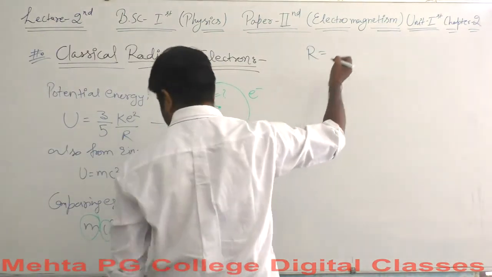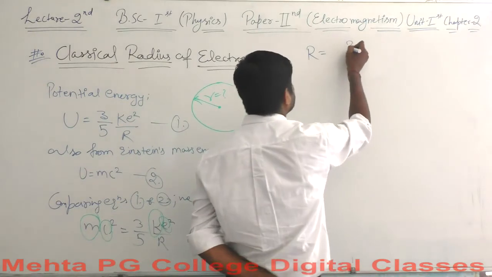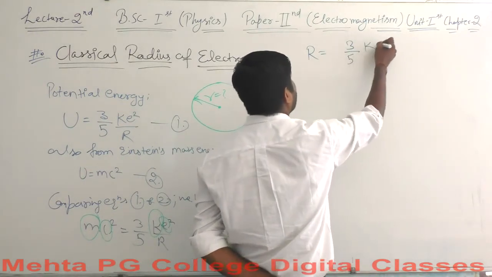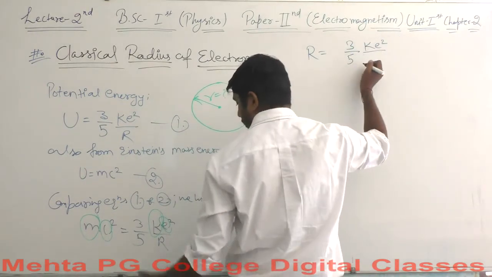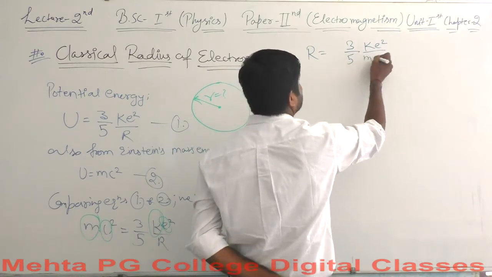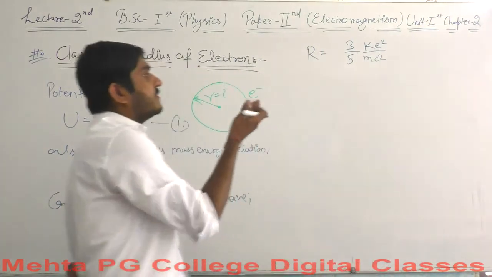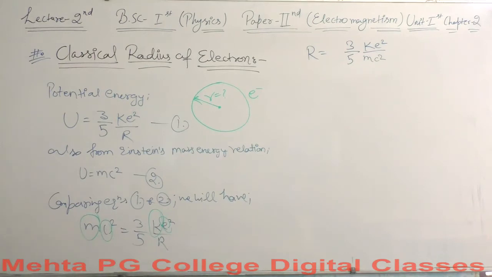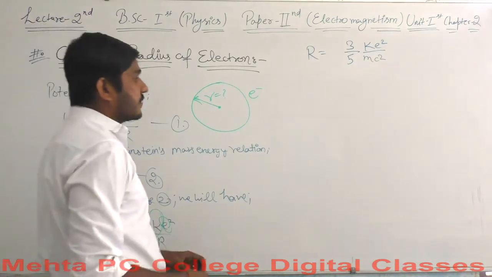So R will be equals to 3 over 5 Ke square over mc square. Yes, this should be the value for R here, and we know the value of K here.